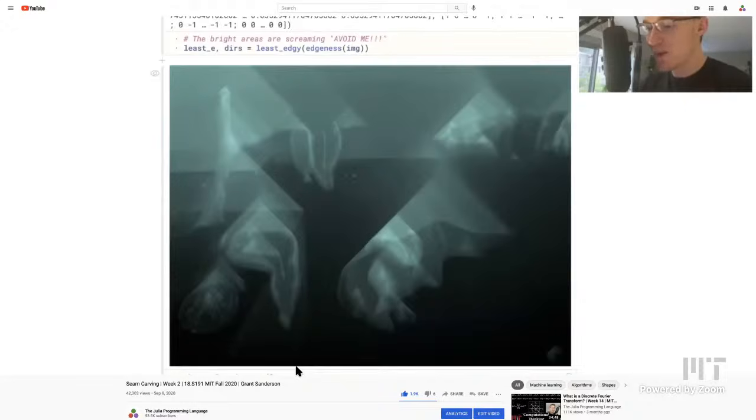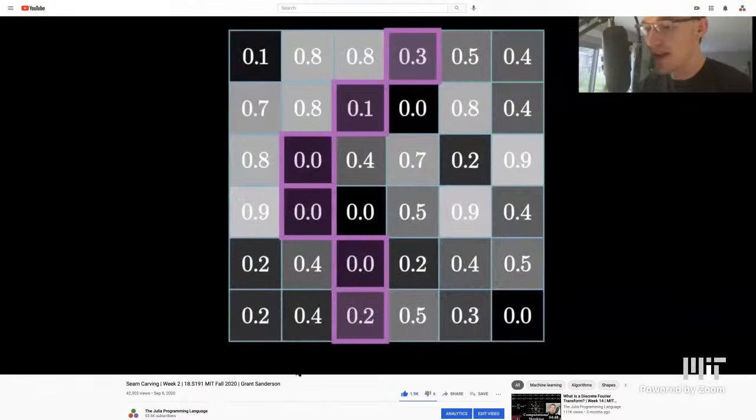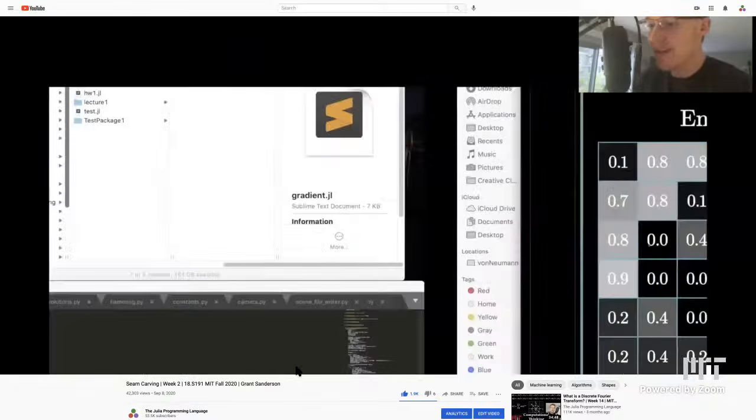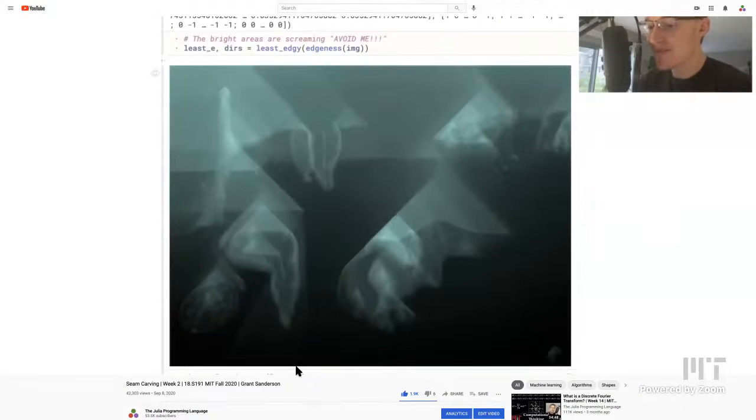So just to be clear, this image right here is kind of the scaled up version in the context of the melting clocks image of what we were building up in a much smaller example over here from bottom to top, where the pixels which are increasingly teal are the ones that don't really have a good path from the top to the bottom, so to speak. So over here in our notebook, everything which is a really bright pixel is kind of screaming out, do not touch me. If you have a seam that ends up where I am right now, there's going to be no way towards the bottom that doesn't involve cutting out things that we want to keep.